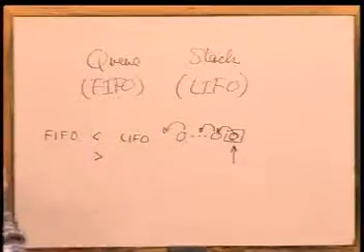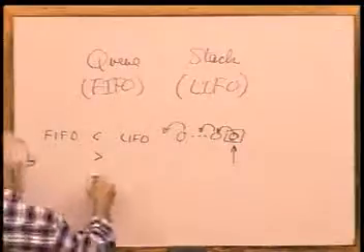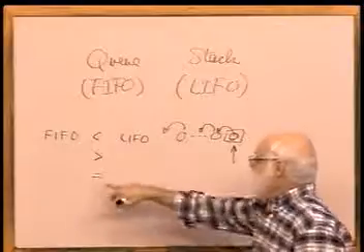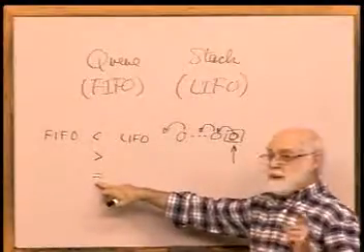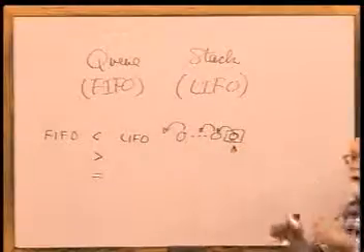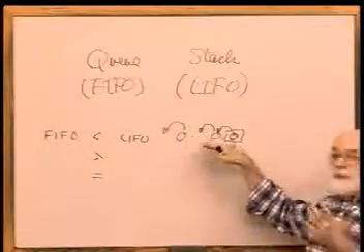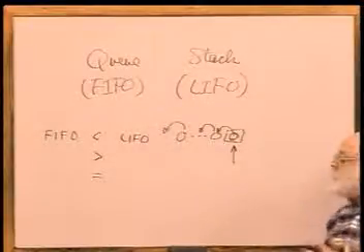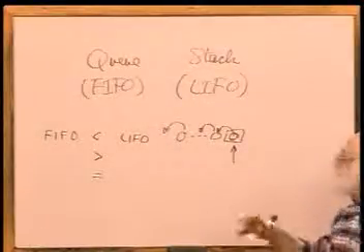Another is that they're greater. Another is that they're the same. Could be the same because we're talking about expected waiting times. Because what happens is the server is still going to do the same amount of work no matter how you mix them up. All FIFO and LIFO do are take different orders of the same customers.